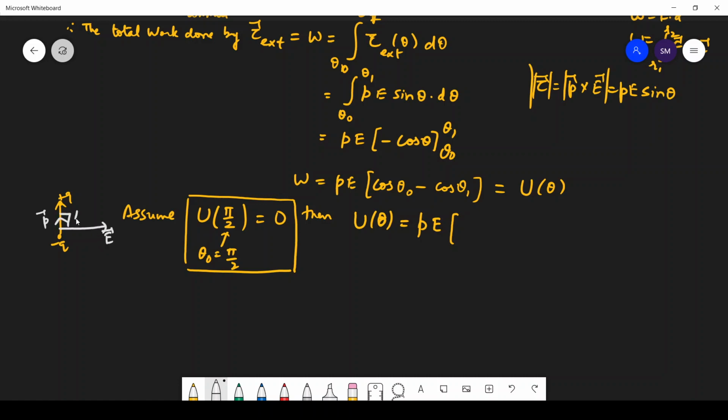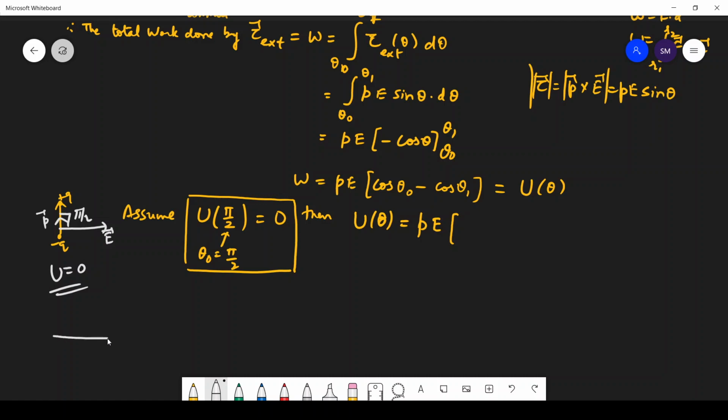So this angle is pi by 2 radian, and here I am assuming that potential energy is equal to 0. At this configuration, potential energy is 0.